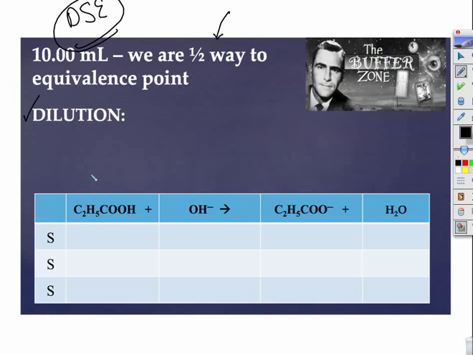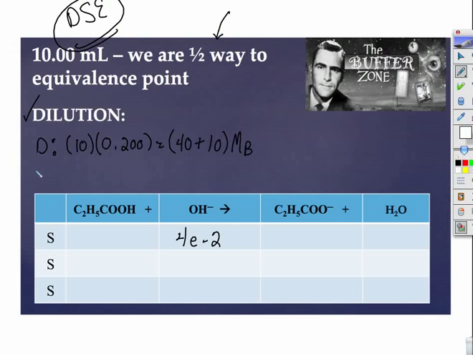So volume to volume means we had a dilution, and we've added 10 mLs of our base, and its original molarity was 0.200 molar. Now we started with 40 mLs of acid, and we just tossed in 10 mLs of base, so that's our new volume. And we get our new molarity of base, and it's 4 times 10 to the minus 2.